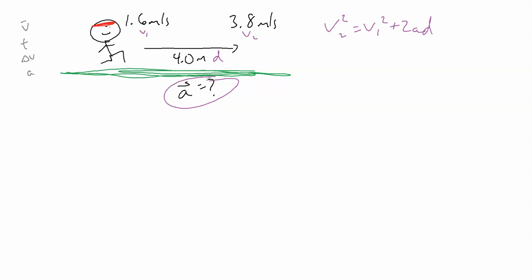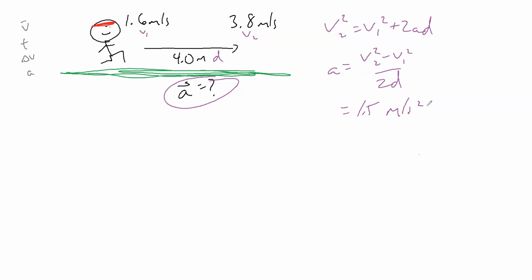Acceleration is the only thing I don't have, so I can solve for it. So acceleration would be v2 squared minus v1 squared divided by 2d. I just have to put in the values and I can find the acceleration, and hopefully get around 1.5 meters per second squared. So that's how this expression can be used. Works really nicely.